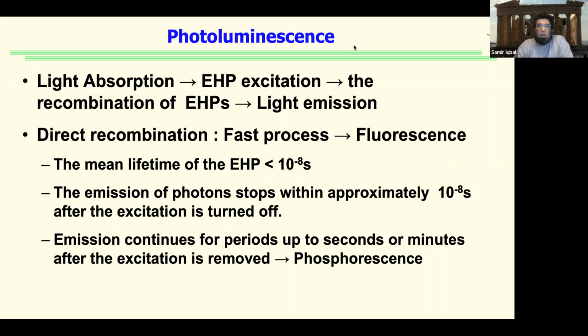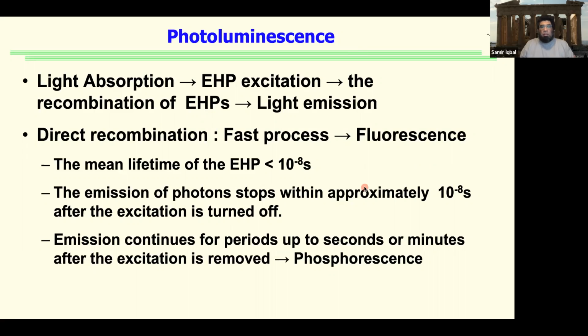Electron hole pairs are formed, and it takes them a much longer time to keep on recombining and keep on giving those photons, even if the generation process has been stopped. Right. So phosphorescence is if we use a phosphoric material, right? So it depends on the material that we're using, but overall we call them fluorescence.